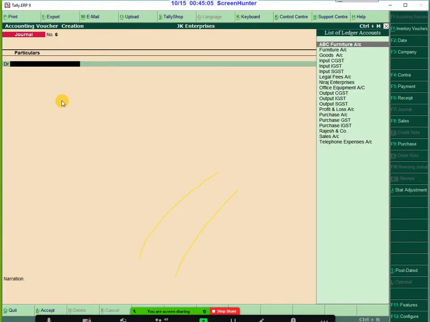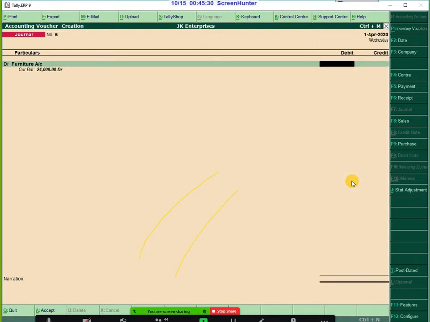Then next entry, purchase furniture for office 12,000 rupees. Again a journal entry we are going to pass here. Furniture account, debit goes to furniture account 12,000.